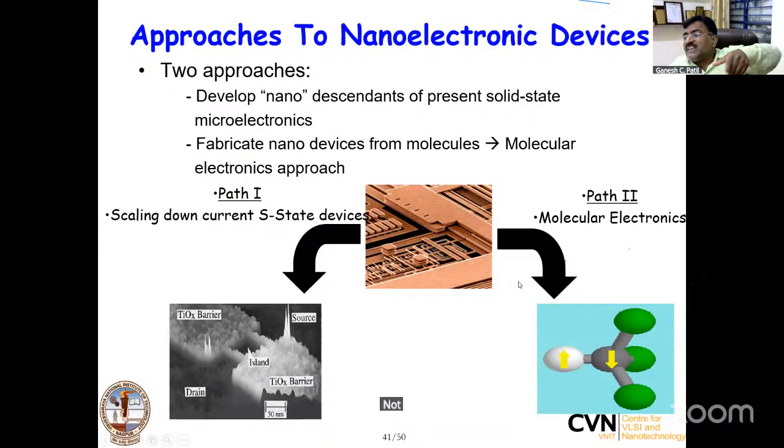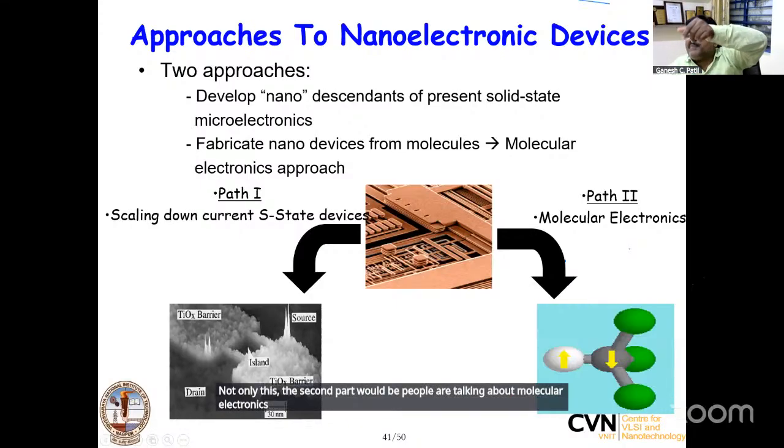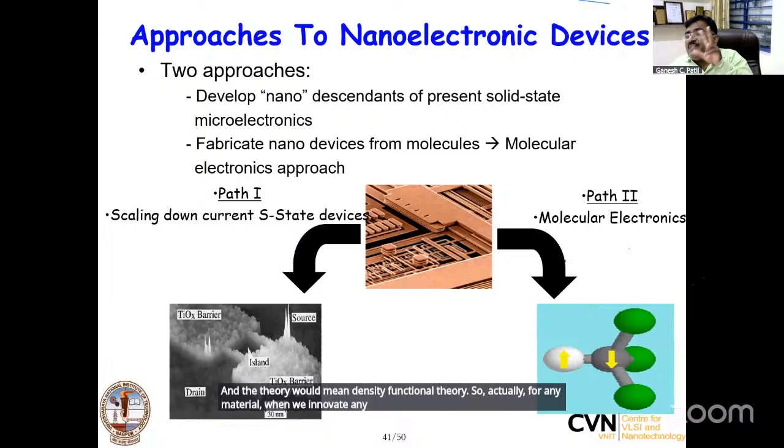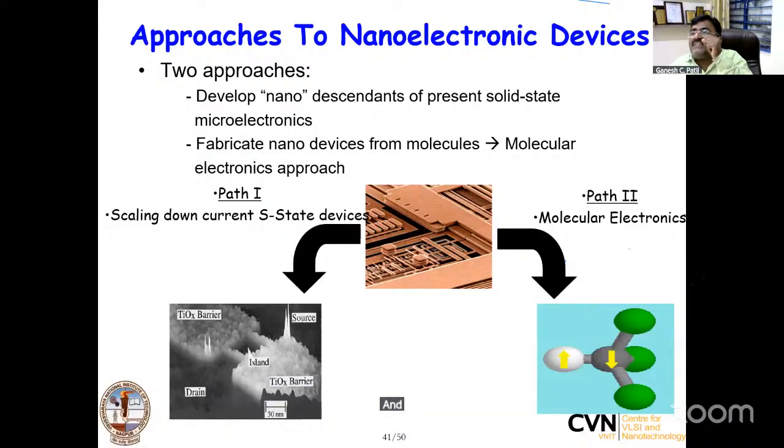The second part is molecular electronics, where the atoms work like a channel material. When we talk about molecular electronics, the physics will be different. The physics will be quantum physics, and the theory would be density functional theory. For any material we innovate, device researchers look for two important parameters: one is the band gap, and the second is the effective mass.